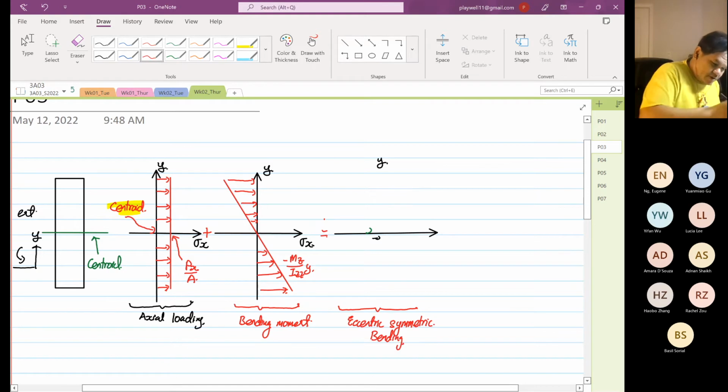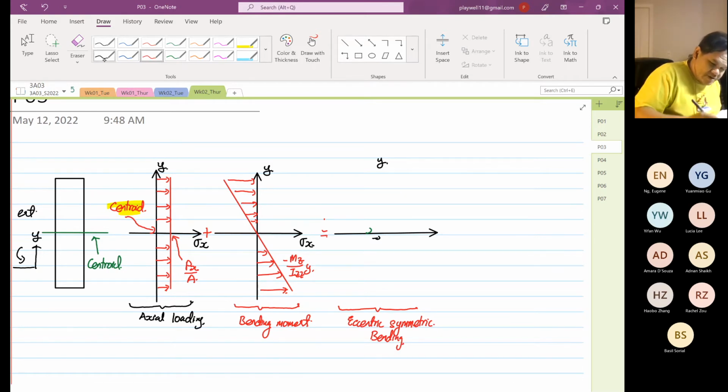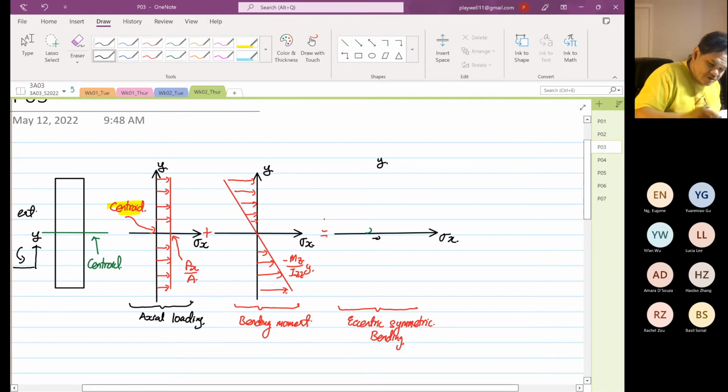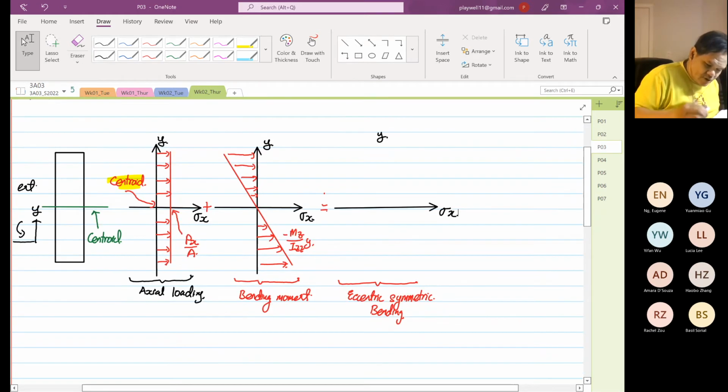When eccentric symmetrical bending, this is still our stress x. Okay, so the formula now is stress x is equal to Px over A minus Mz over Izz times y. Okay, so basically we add both of them together.